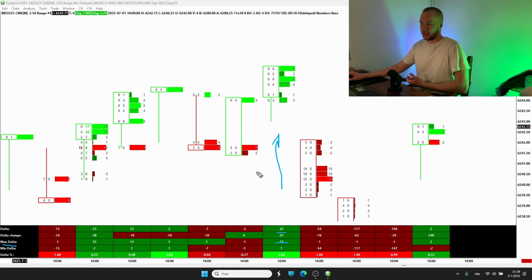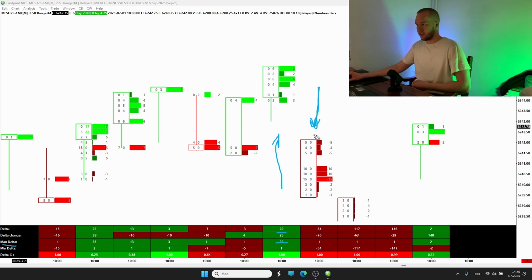To explain the max delta and the min delta in a very simple way, they are the highest and the lowest number that the overall delta reached in that footprint. So in this one it is 22 because there were no sellers.